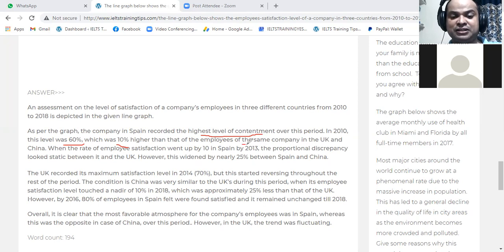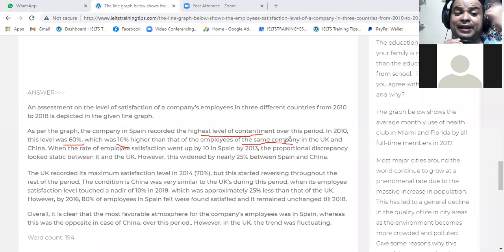You just mentioned this thing, the same company. The company has its branches in the UK and China as well. We do have the company in Spain, in the UK, and in China too.